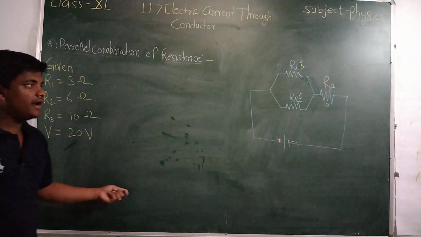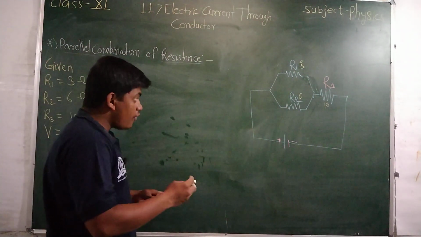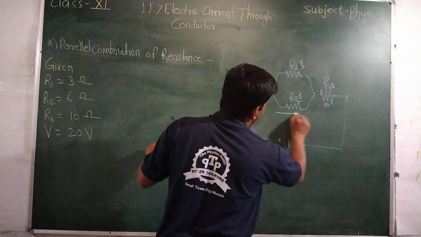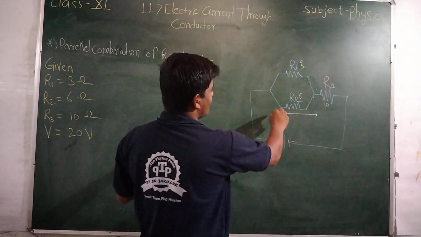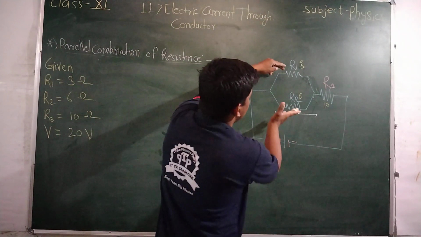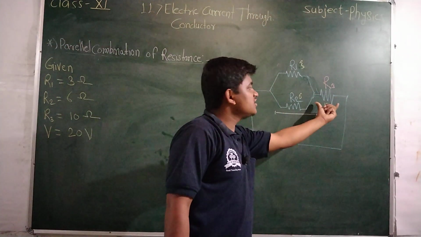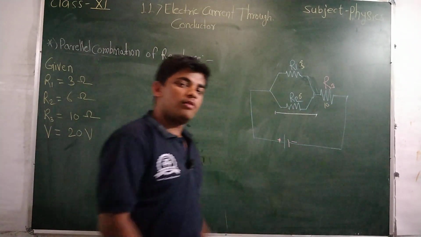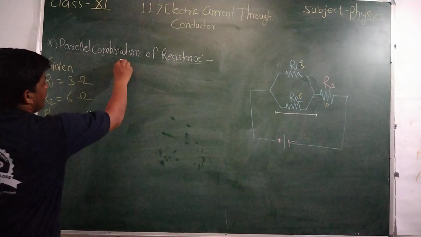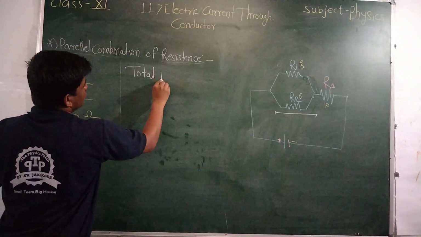How can I calculate the total resistance? Before calculating the total resistance, I will find the equivalent resistance for these two parallel resistances. First we have to find the equivalent resistance of the two parallel resistances, then add R3 to it to get the total resistance.